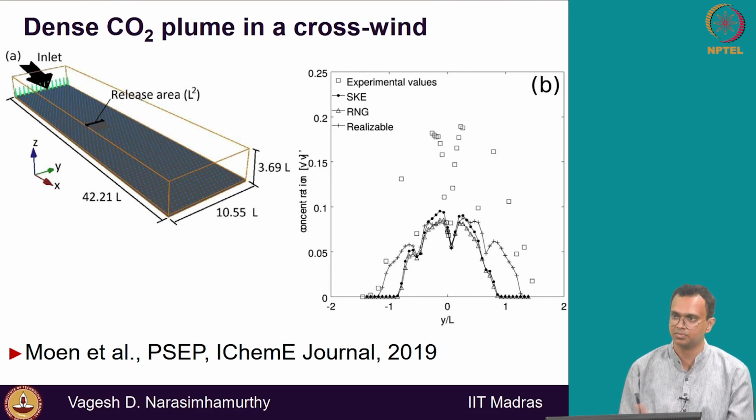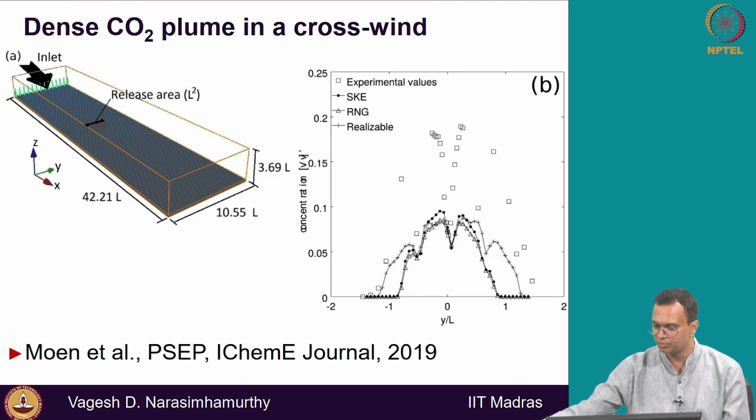With so many assumptions that we have made, sometimes results are not good, and these are practical cases, right? It could be like life and death here. I mean, if you believe the eddy viscosity model and say that the concentration is low here, and I will go and walk, and you are dead. The actual experimental value is twice that of what the eddy viscosity model has predicted, right?